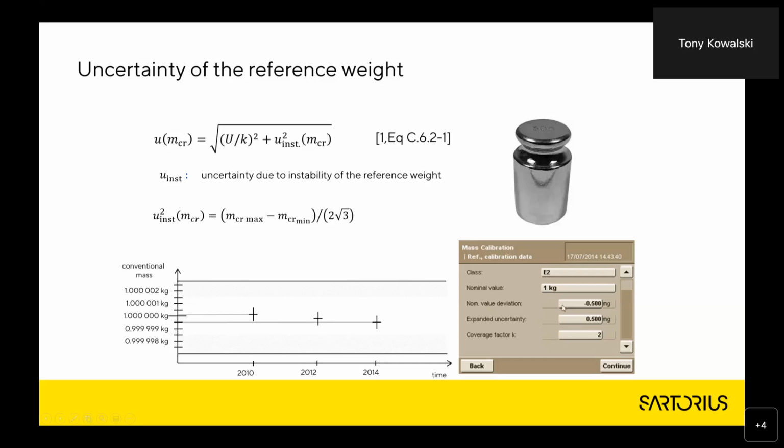The nominal value deviation here is 0.5 milligram, and the expanded uncertainty on the certificate we got with our reference weight, we're given here with a value which we can also use in the calculation, and the coverage factor is 2K, because whenever we get a standard deviation for the repeatability, we always take 2 times that value in the overall combined uncertainty.